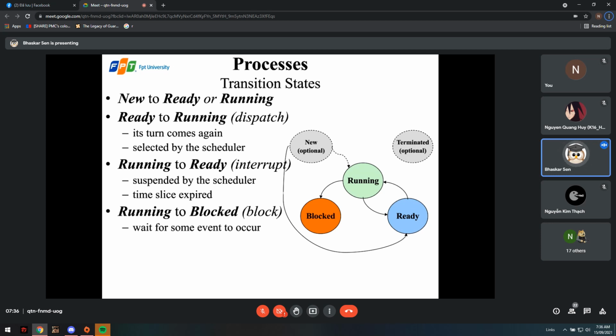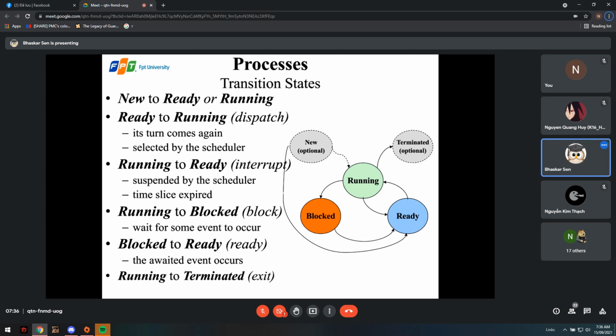So a process which is currently running can either be put into the ready state, blocked, or even terminated. Then there is blocked to ready. And finally, running to terminated. Clear? Take a minute to look at this picture.